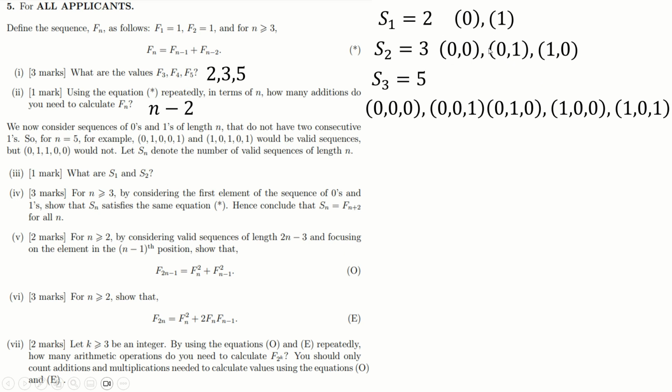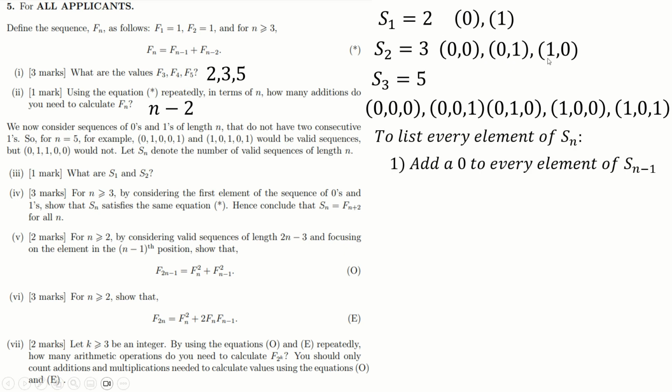So we can take all the elements of S2 and add a 0, and we can also take all the elements of S2 that end in a 0 and add a 1. That's how I'm constructing the next one. But of course, when you add a 0 to all of the ones in the previous set, you make as many things as were in the previous set. They just all have a 0 on the end. And now what about the other bit, where you add 1s onto the ones that end in 0s?